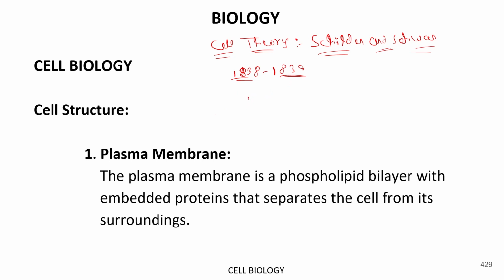And what are the parts of the cell theory? First is all organisms are made up of cells. Got it? Here, organisms basically represent the living beings. Okay.